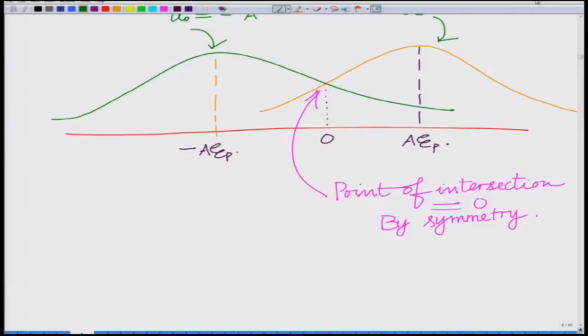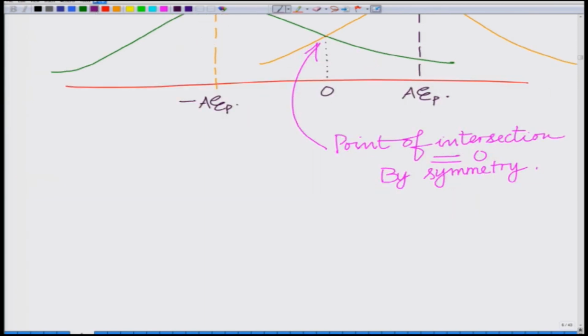So, we have two Gaussians with the same variance, eta naught over 2 times E_p, but one is shifted to minus A root E_p, the other to A root E_p. The probability density function of the output comprises two shifted Gaussians, and both have the same variance.